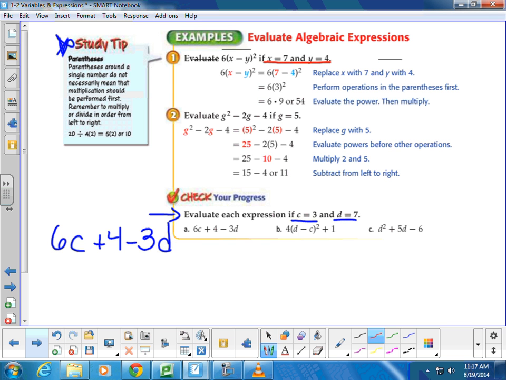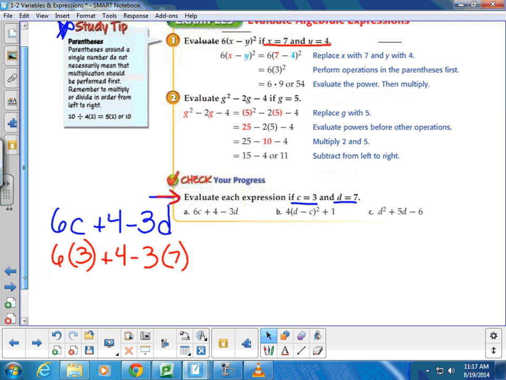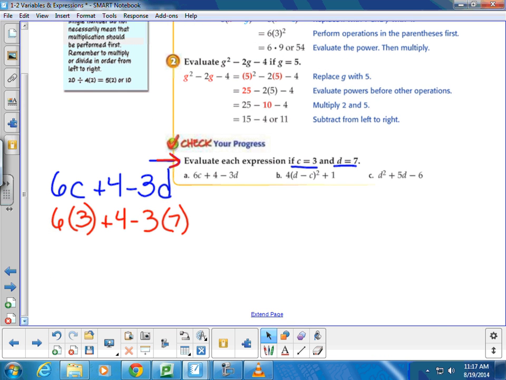Knowing those two things, I'm going to replace c with the value of 3 from this line here that tells us. Rewrite the rest and replace d with the value of 7 that it represents. Kind of again that same funnel concept from before.